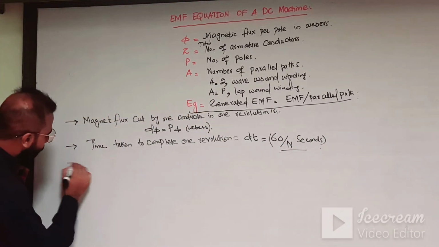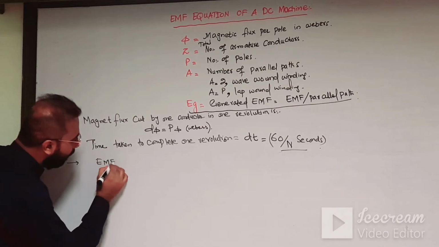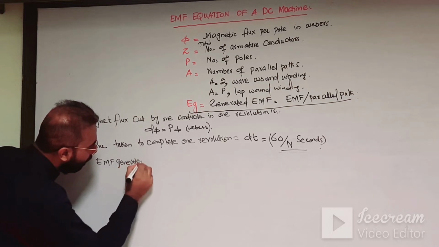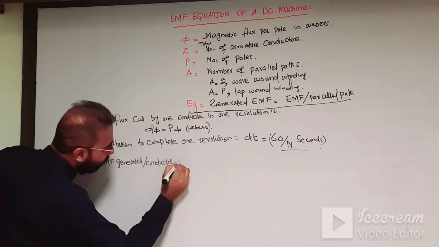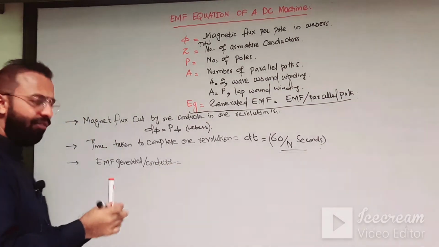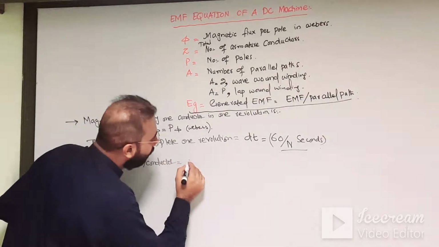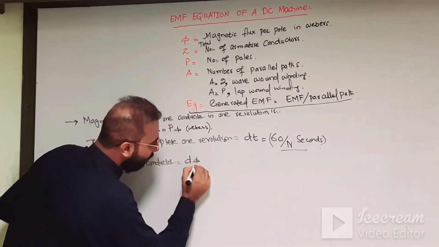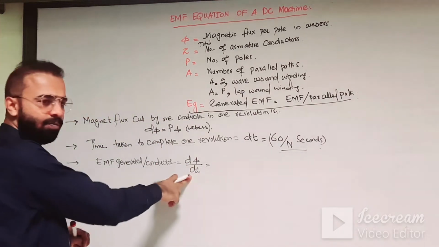Then the EMF generated per conductor is, according to Faraday's law, d phi over dt, the rate of change of flux with respect to time.